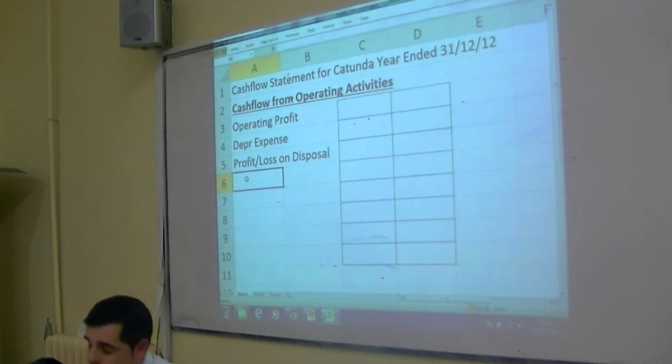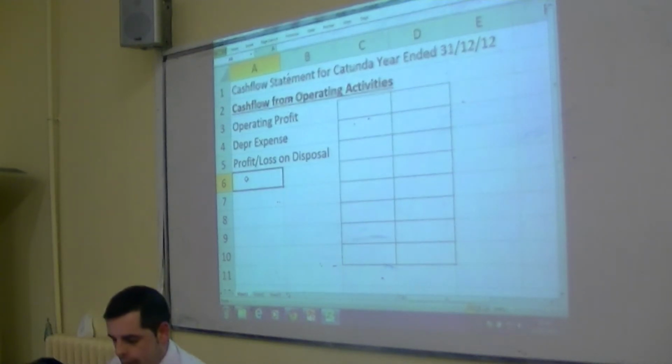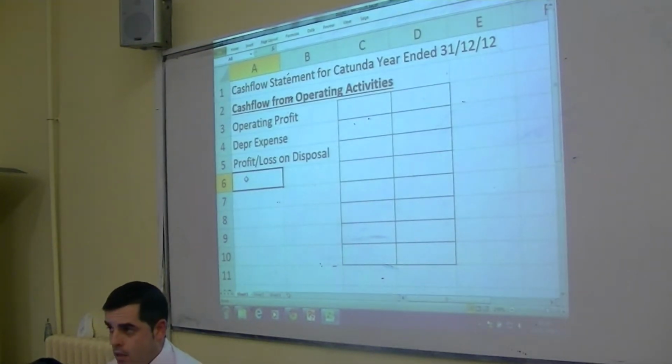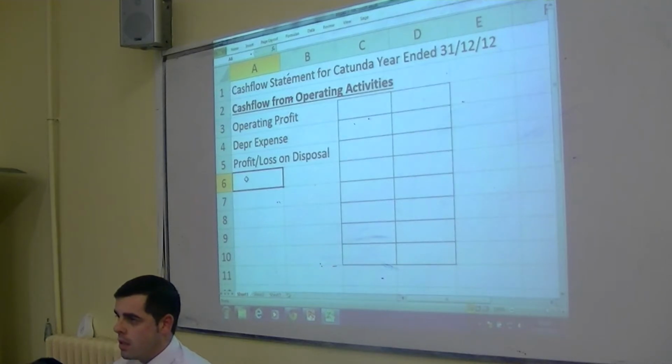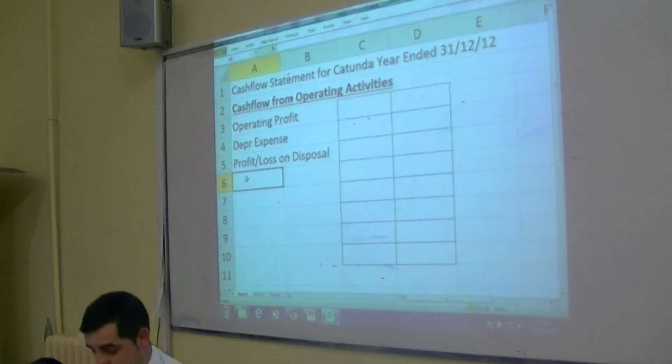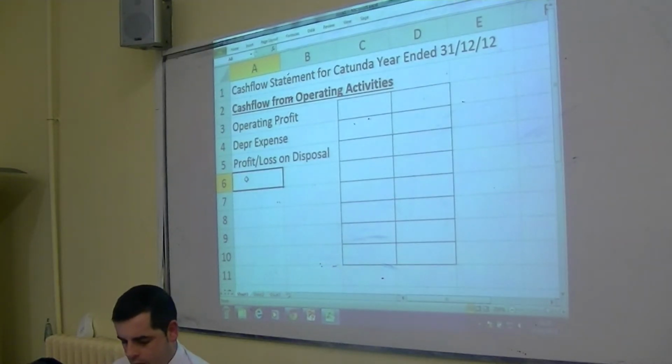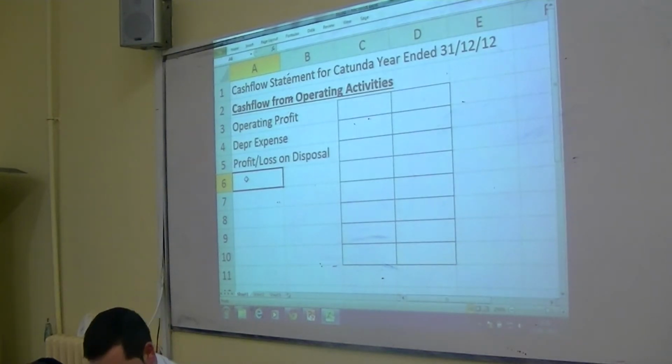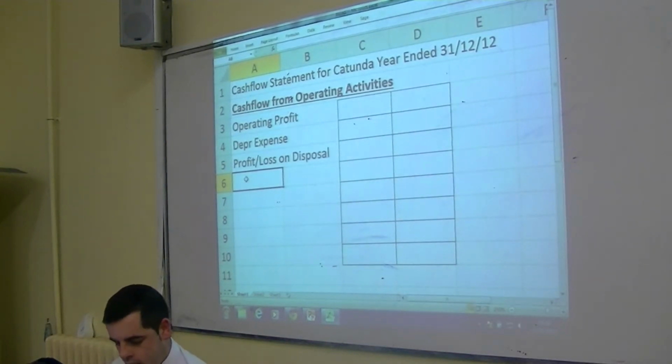The next possibility is a grant. What I would do is look at the question and see is there any grant in it. A lot of the time there isn't, and where you'd find that is non-current liabilities. Looking at our non-current liabilities, we have a bank loan, so there's not really a grant.